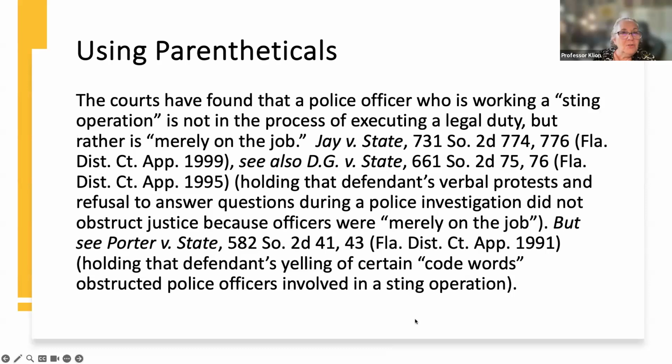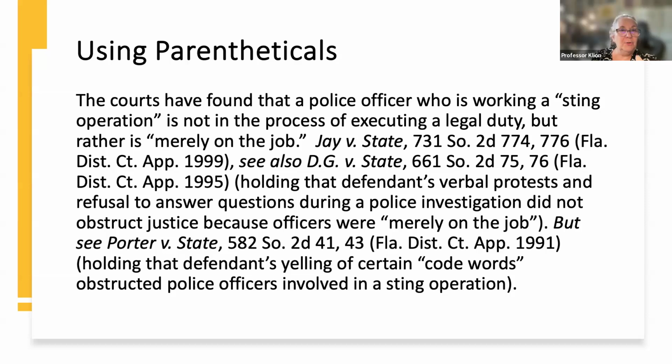You see a C also citing to DG, which says holding that defendant's verbal protests and refusal to answer questions during a police investigation did not obstruct justice because the officers were merely on the job, which shows support for that proposition and also explains a little bit about what you're talking about. And then you have a but C, and you have Porter, and now it's explaining holding that defendants yelling of certain code words obstructed police officers involved in a sting operation.